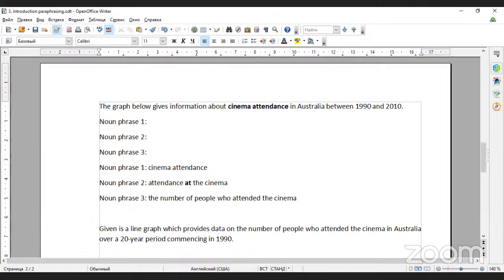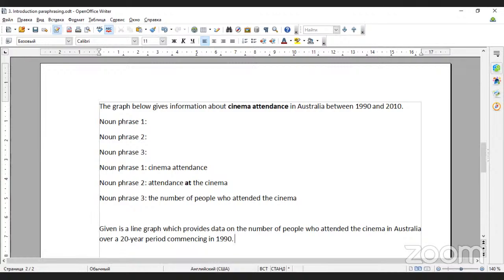All right, here's my introduction. The line graph provides data on cinema attendance, the number of people who attended the cinema in Australia, I will leave it as it is, over a 20-year period commencing in 1990. You can also say and culminating in 2010, but if it's a 20-year period beginning in 1990, it's clear that it will finish in 2010.